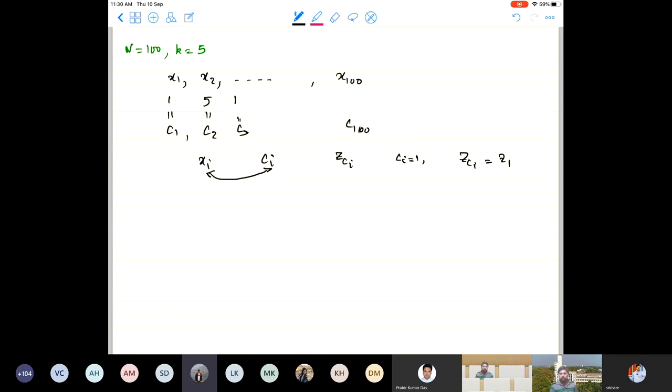Sir, basically in a graph there are 4 clusters present, and you are finding a cluster representative of a particular cluster. Can you explain why you have taken the cluster representative as Z? I'm just introducing the notation. I have not told how to choose the cluster representatives or how to do the cluster assignment.